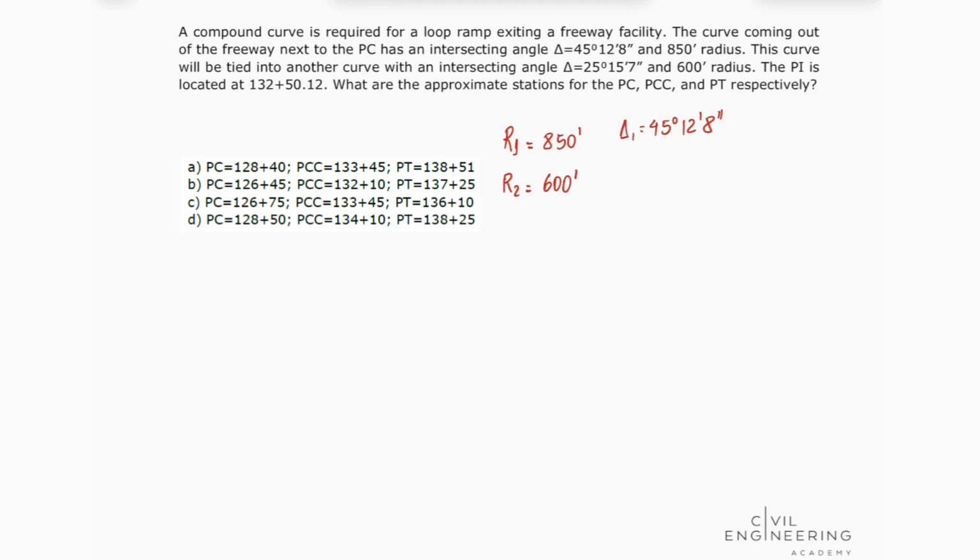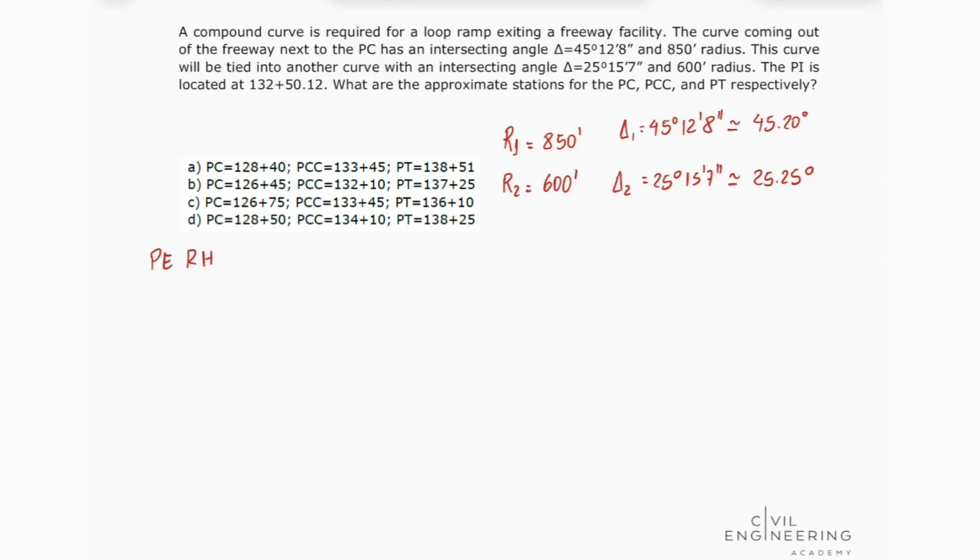Let's convert this to decimal degrees. So this is going to be 45.20 degrees. And our deflection angle for the second curve equals 25 degrees, 15 minutes, and 7 seconds. Let's convert this to decimal degrees. This will be 25.25 degrees.